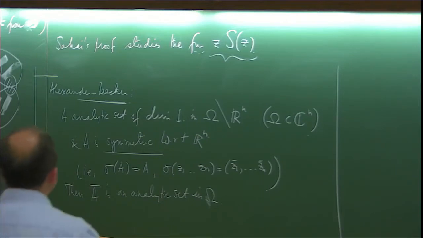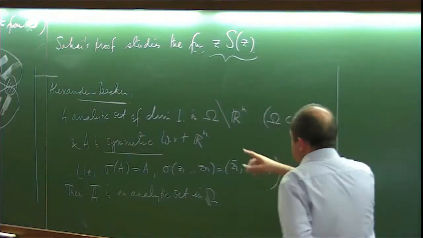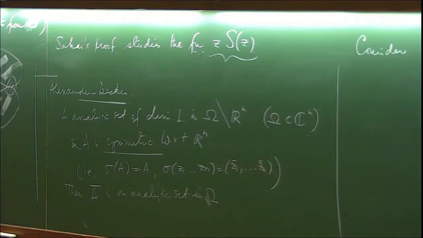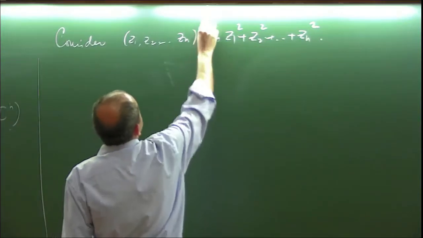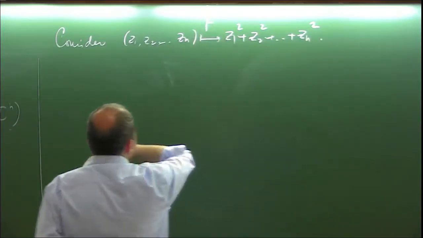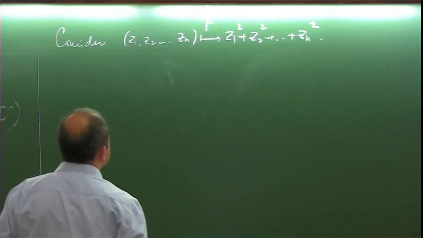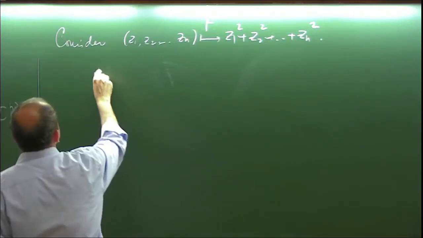This is where the insight afforded by Alexander and Becker comes into the picture. So they say, consider the following quadratic map. Let's give it some name. Let's call this F. Let's look at the zero set of F.